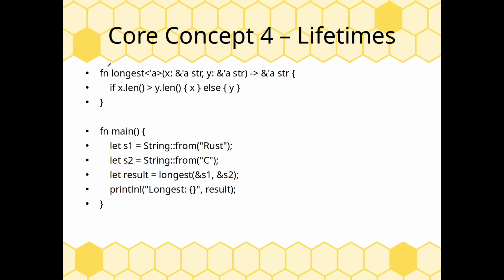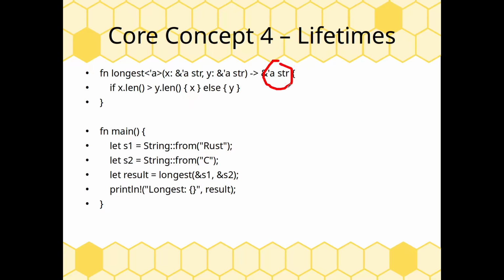So as you can see in the function, we have the longest function with dash a as a lifetime, and we have x and y as input, which also have dash a as lifetime, and we'll have an output with dash a as well.